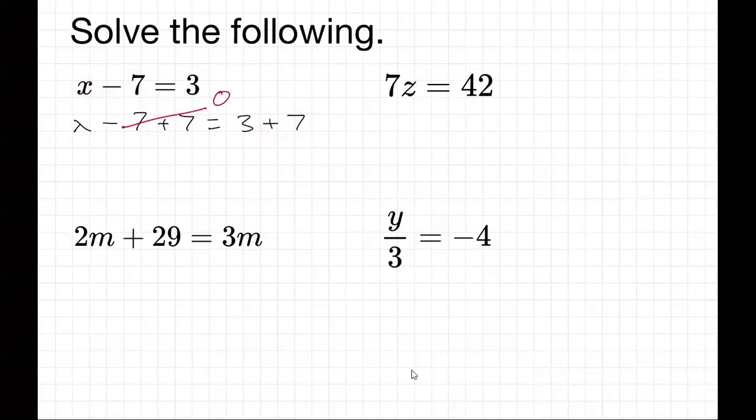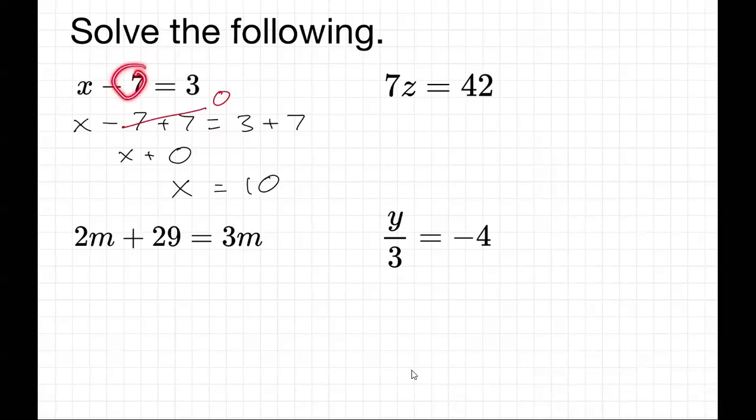And the reason we like 0 is because now we have the statement x plus 0, and going back to our properties of real numbers, any number plus 0 is itself. On the other side, we have 3 plus 7, which goes back to the number I stated before of 10.